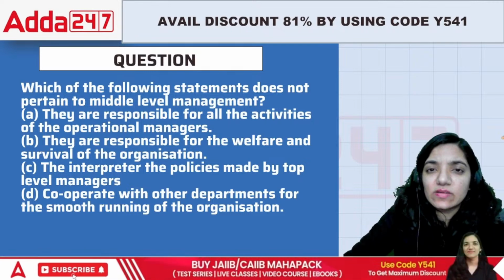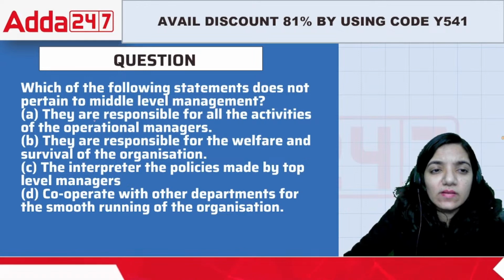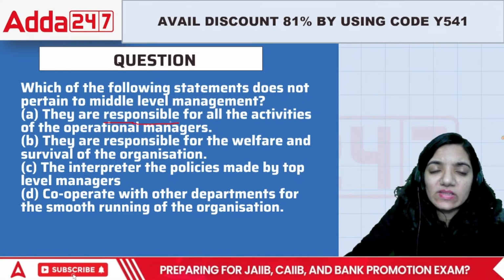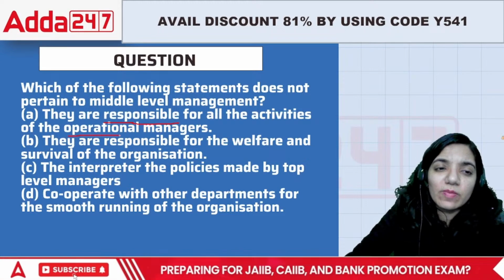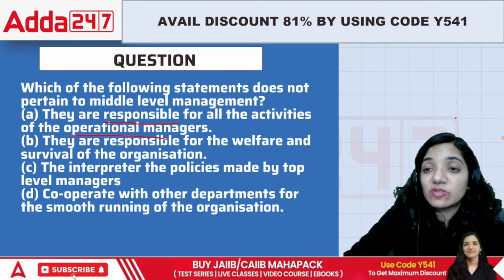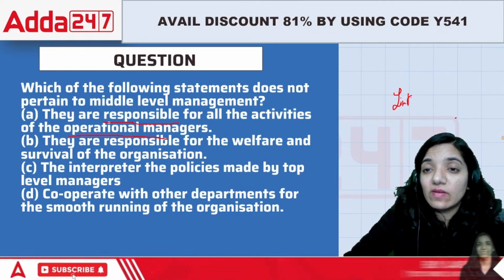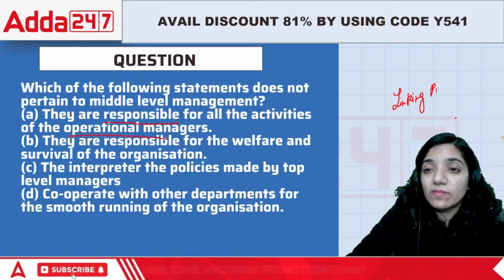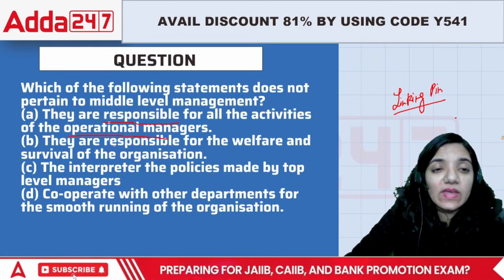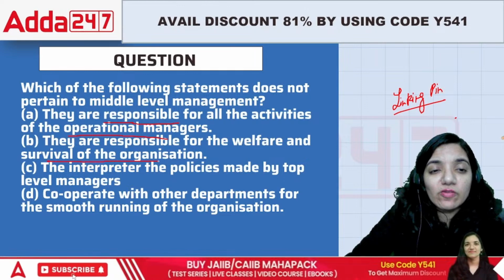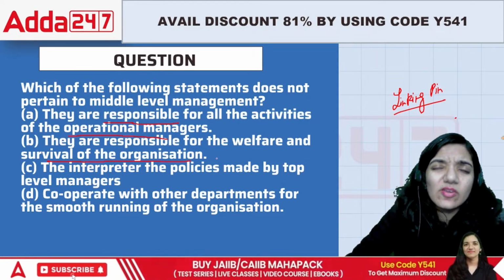Basically, they cater to the top level. Yes, they do. They need to talk to the top level. They are basically the linking pins between the top and the lower level. That is what we can call them. Then, are they responsible for the welfare and survival of the organization? Not exactly.